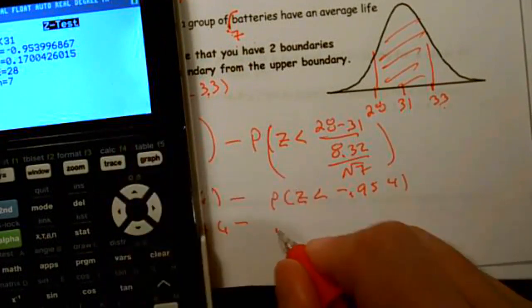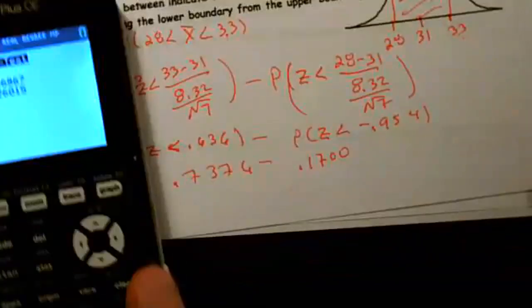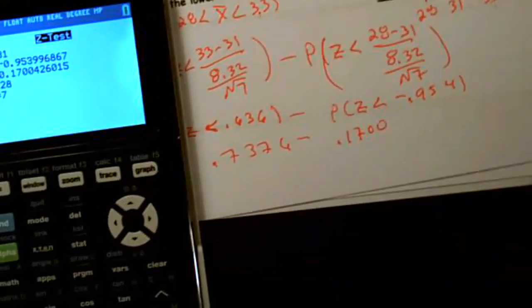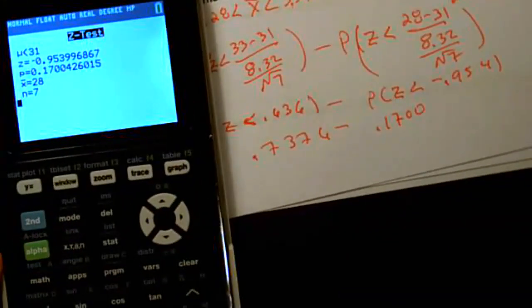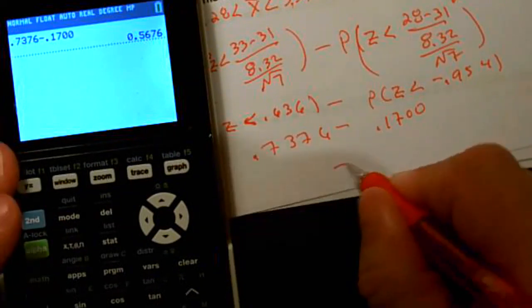And this is about 0.1700. I subtract those two values. 0.7376 minus 0.1700. And I end up getting a value of about 0.5676.